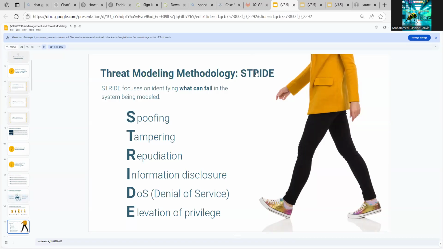You can discuss any threat modeling, either PASTA or STRIDE. STRIDE focuses on identifying what can fail in the system being modeled.